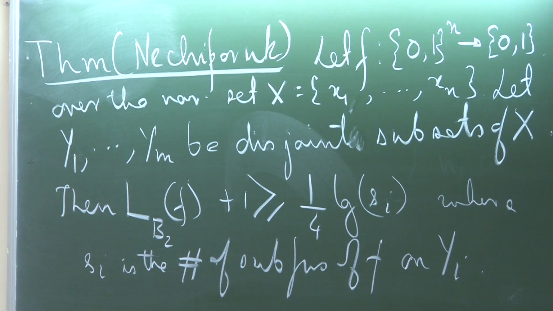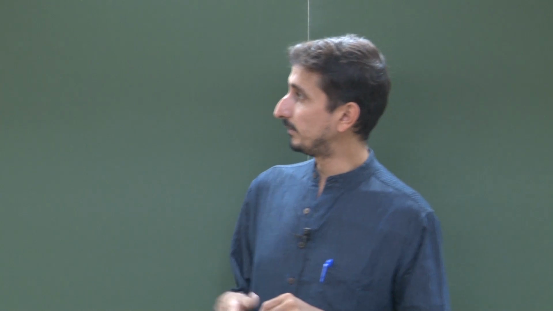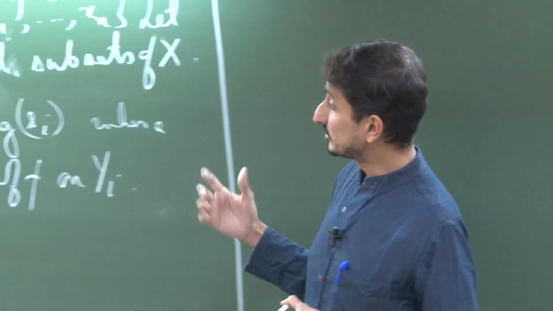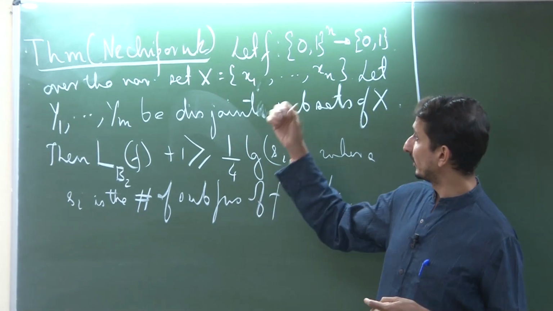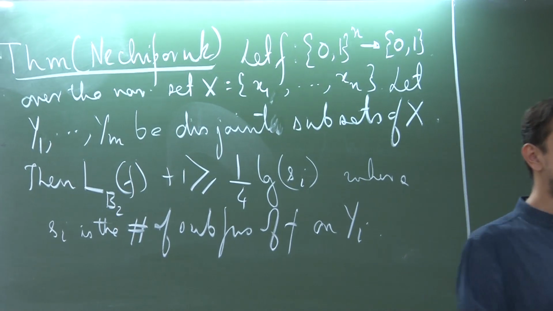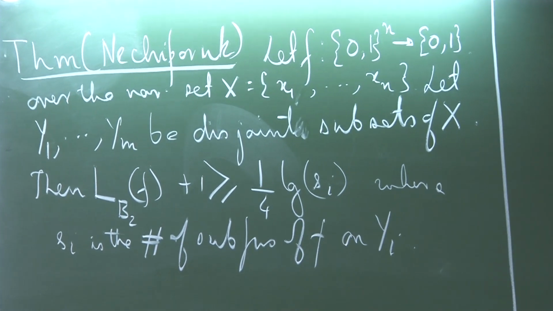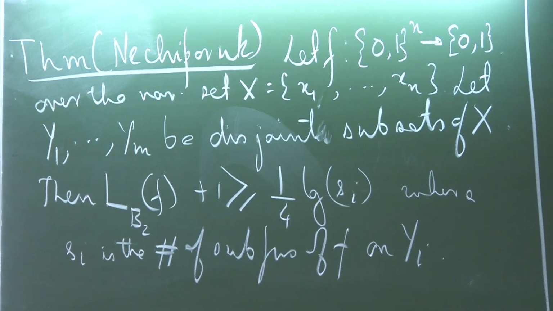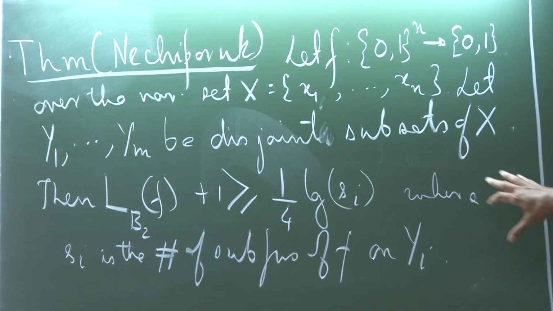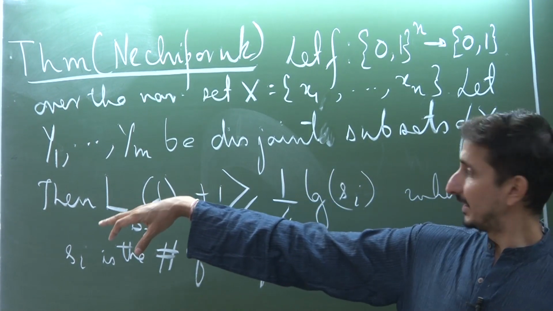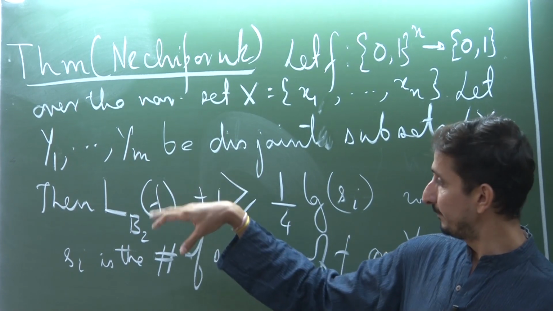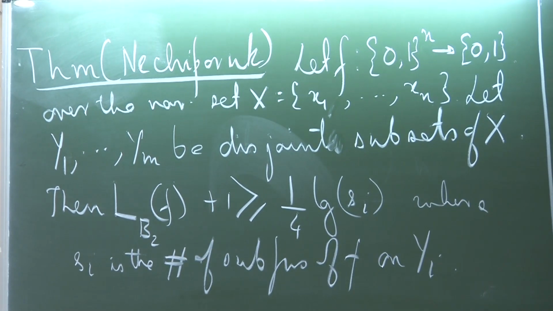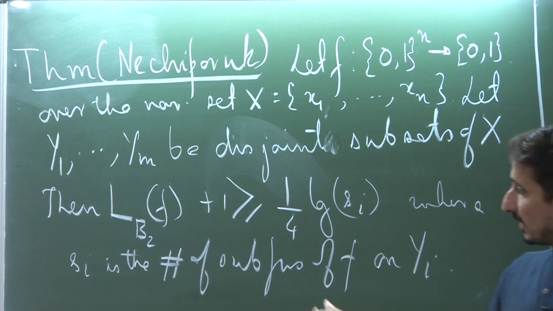So, last class we saw this theorem, and we understood what this theorem is saying. What it says is that suppose we have a function over some variable set, and I consider disjoint subsets of that variable set, let us say disjoint subsets y1 to ym. Now suppose I look at the number of subfunctions.